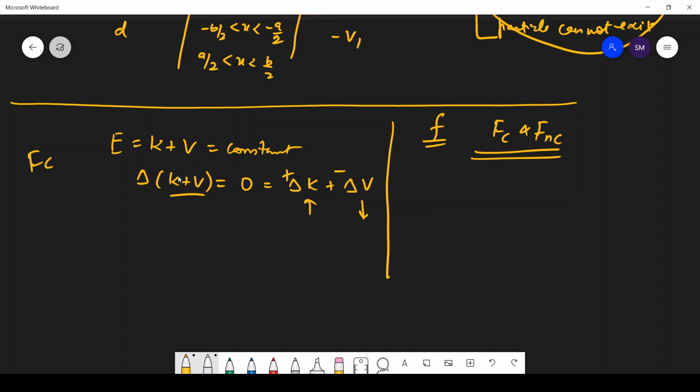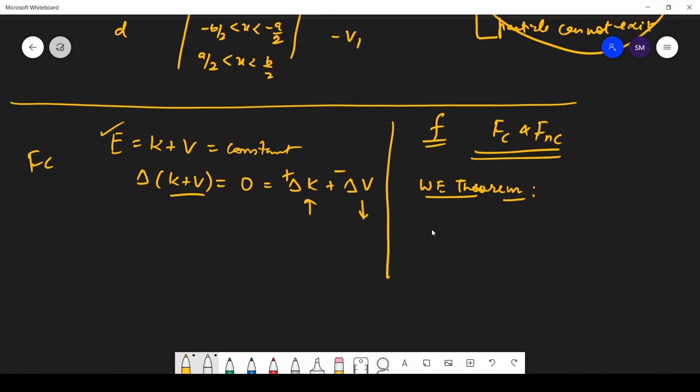We need to modify this formula. What will the formula be if we have both conservative and non-conservative forces? We know that the work energy theorem is applicable for all kinds of forces, whether conservative or non-conservative.